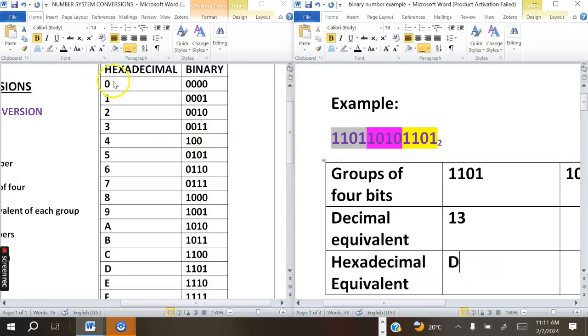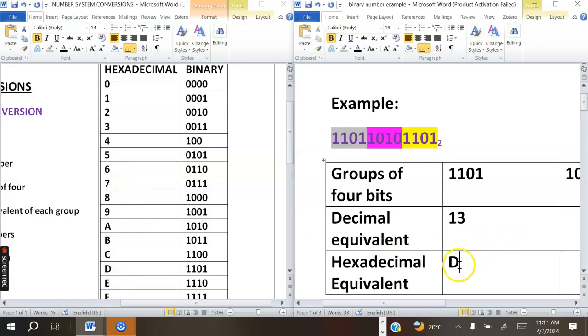Maybe you can count. We have 1, 2, 3, 4, 5, 6, 7, 8, 9, 10, 11, 12, then 13.